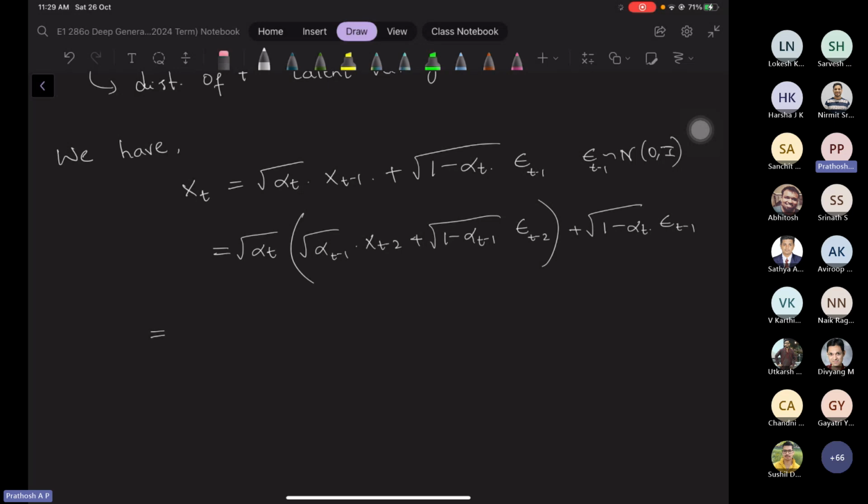Now this is equal to, not enough space to write this, square root of alpha t into alpha t minus 1 times xt minus 2.